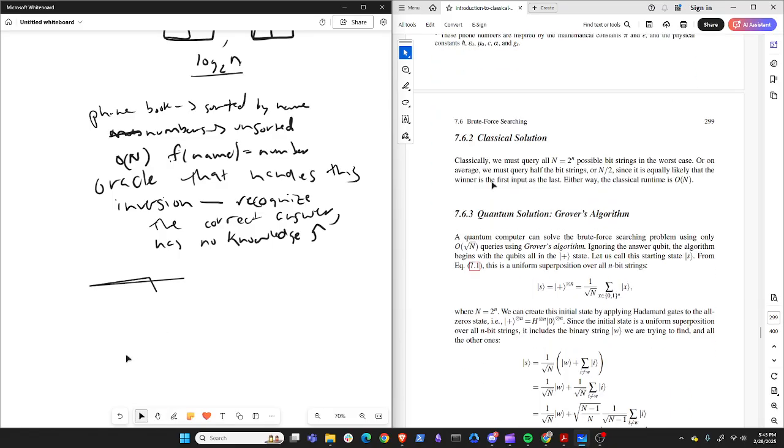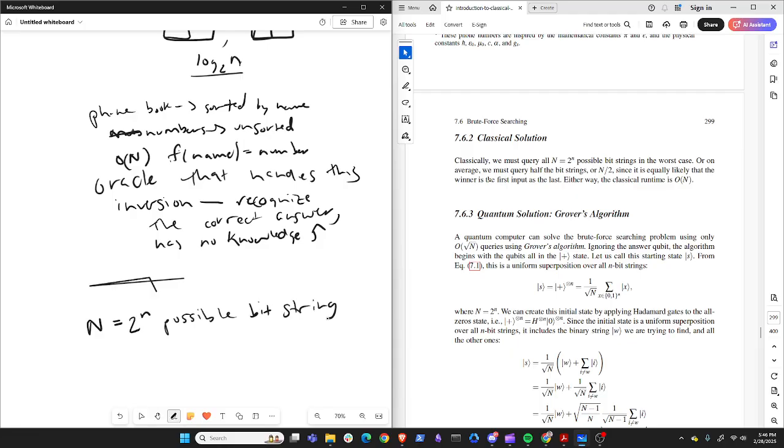So in the classical solution, we have all these bit strings, and basically we have to query all of the 2 to the n possible bit strings to check them.